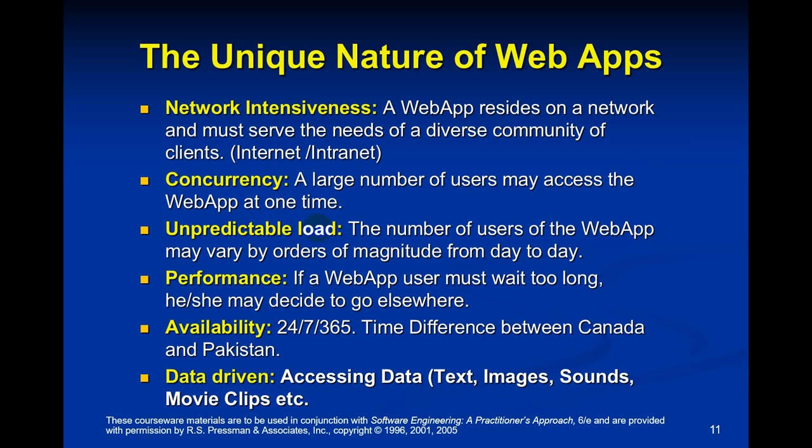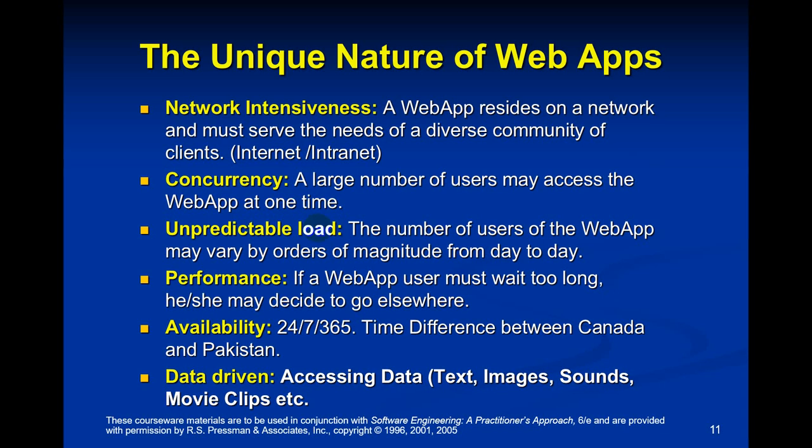Say we have a news portal or a news website, and there is some issue somewhere in the world, then people log into that news website. Normally we are having 5,000 or 7,000 users per day.